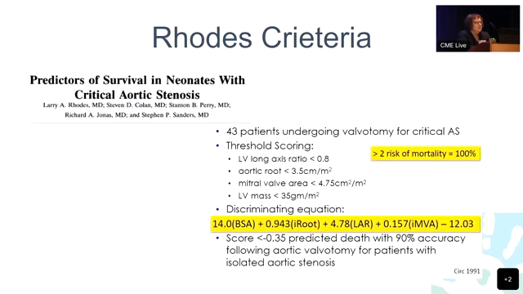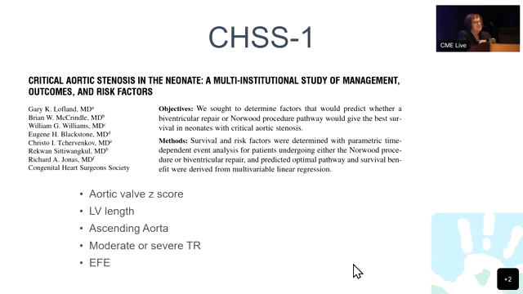So as we know, in the Rhodes criteria, the main key features were the long axis ratio of the left ventricle, the aortic root size, the mitral valve area, and the LV mass. In the CHSS-1 data, relatively similarly, the aortic valve Z-score, the LV length, and then additionally the ascending aorta, the presence of moderate or severe tricuspid regurgitation, and the presence of EFE.